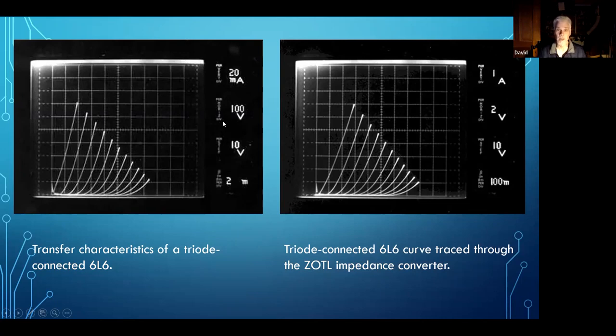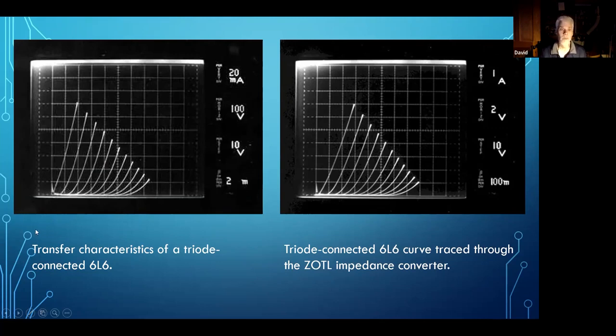The horizontal is plate voltage, 100 volts per division. So we got 1, 2, 3, and so on, 100 volts. This per step is the grid voltage step size. So we start at 0 volts on the grid, and we go minus 10, minus 20, minus 30, and so on. And this is just your transconductance.